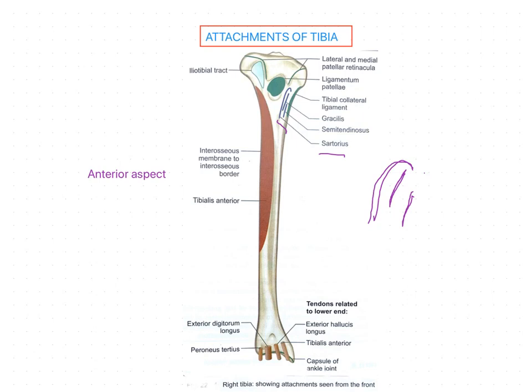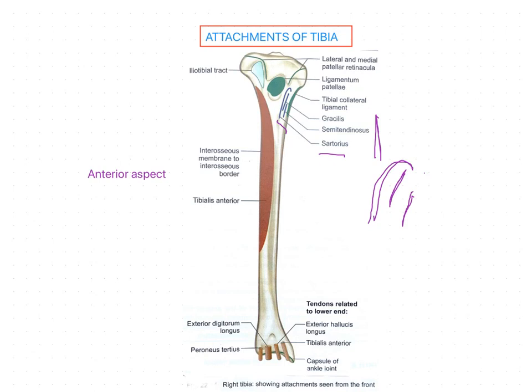Wherever you get the term guy rope, it means it is giving a stabilizing effect to that particular joint. So these are the three muscles: Sartorius, Gracilis and Semitendinosus.